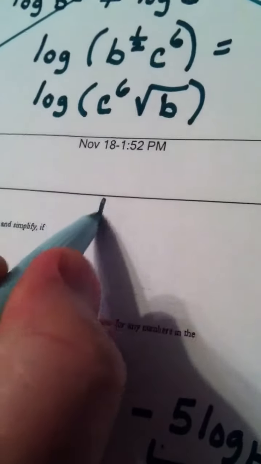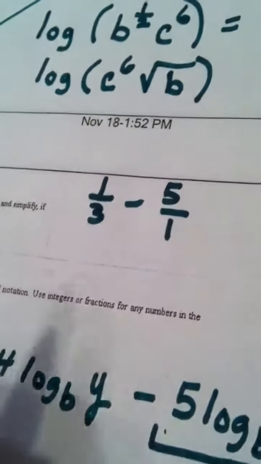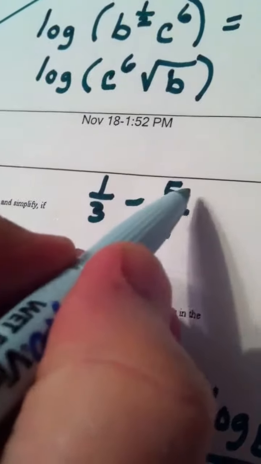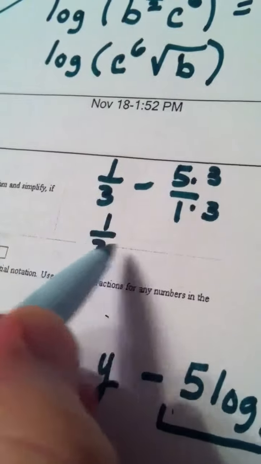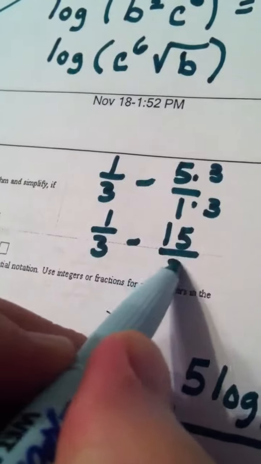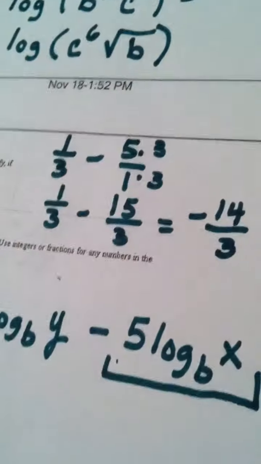So 1/3 minus 5 over 1. We have to get a common denominator of 3 here. So we have 1/3 minus 15/3 is negative 14/3.